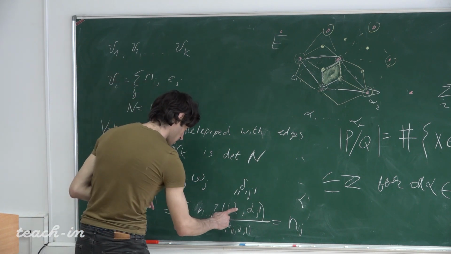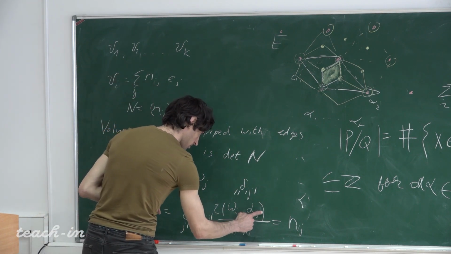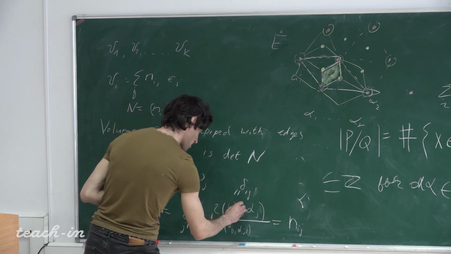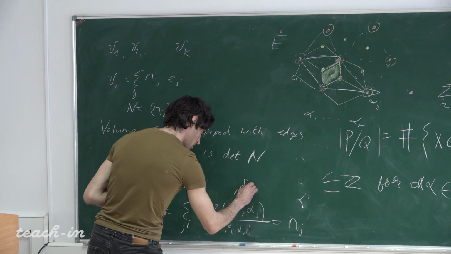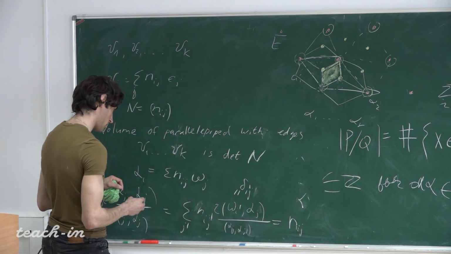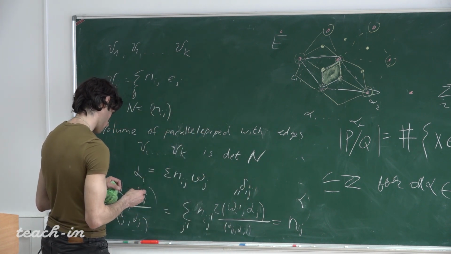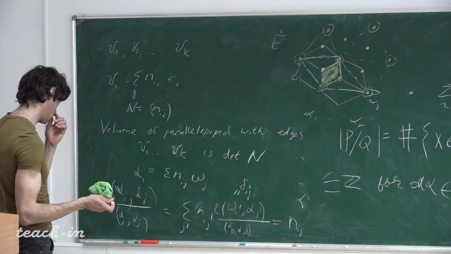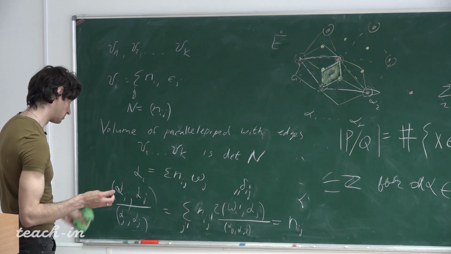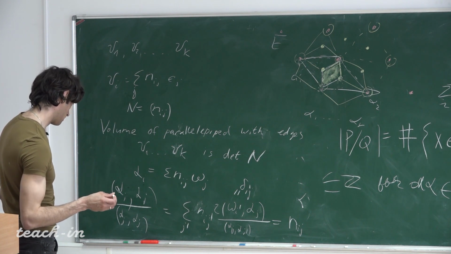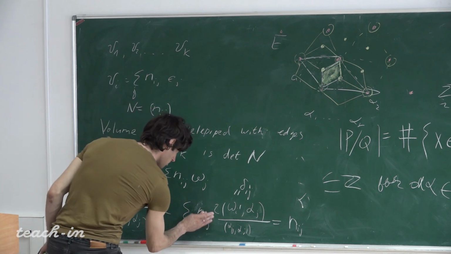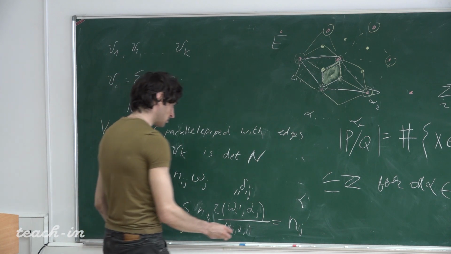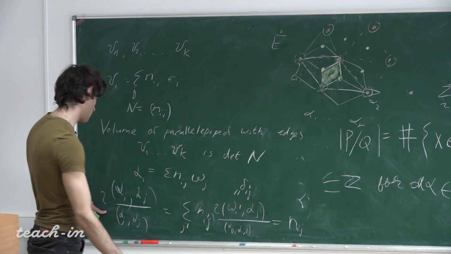Yes, I should say maybe not j prime here, but rather i prime. Yes, i prime. In any case, it should be n_ij.